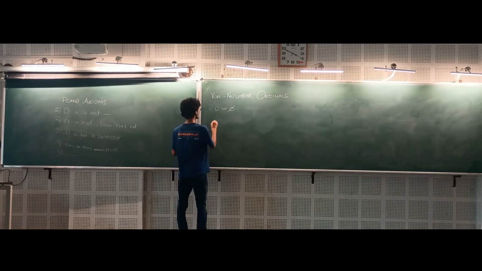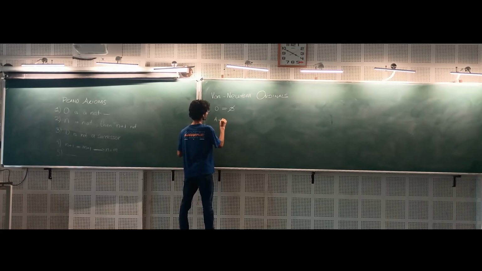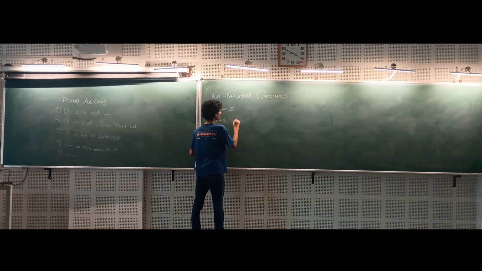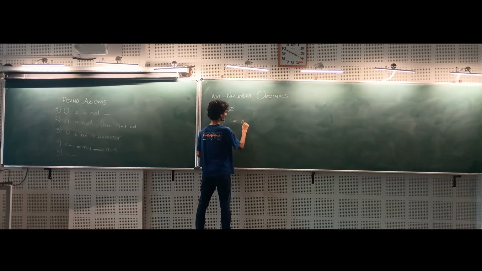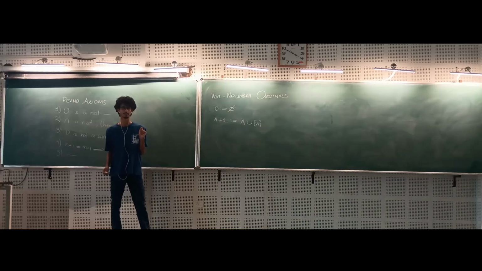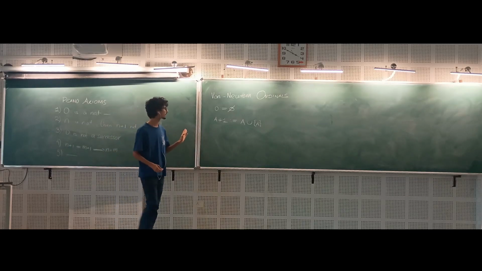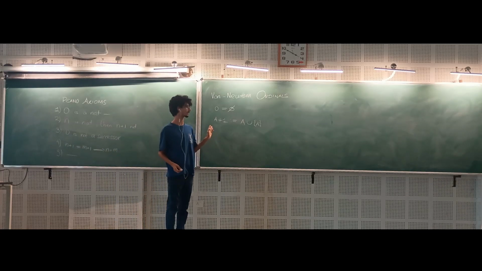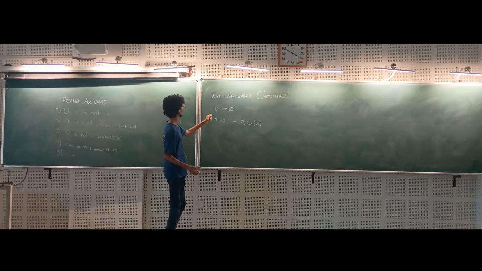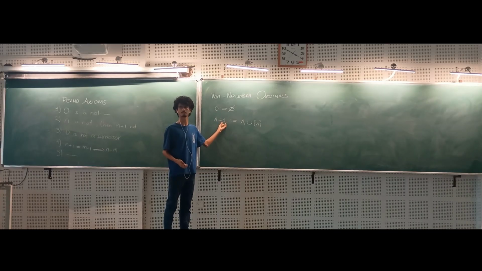And then for a set A, I'm going to define A plus 1 to be A union singleton A. It looks weird currently, but once you see how the natural numbers look, it will make sense. So my natural numbers are going to be 0 and all of its successors like this.